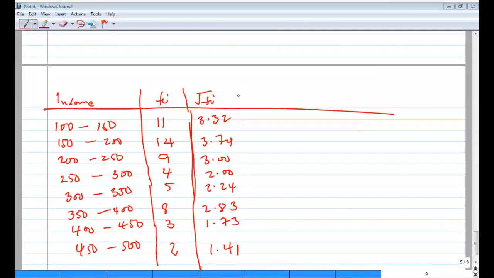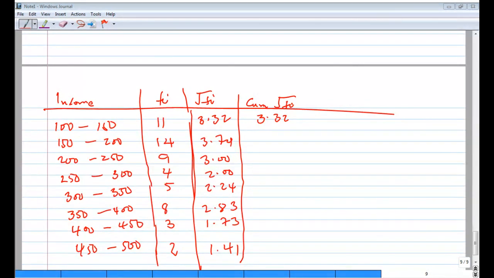Okay. Then they find what? The cumulative frequency. The cumulative of the square root frequency. So the cum of the square root of fi. Okay. In other words, the first one is going to be 3.32, isn't it? The second one is 3.32 plus 3.74.